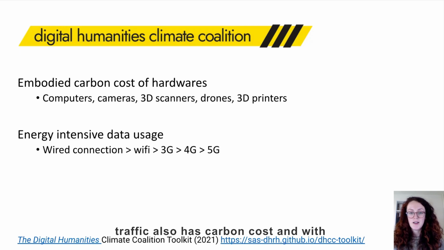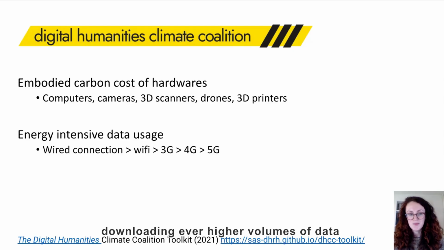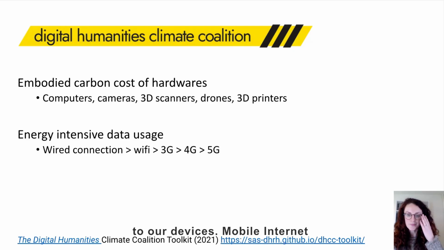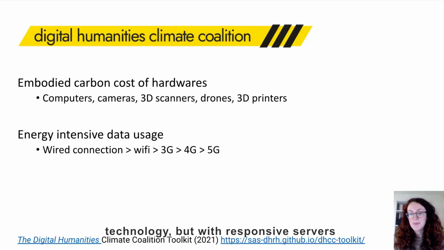Data traffic also has a carbon cost. And with the advent of faster speeds with technologies such as mobile 5G, we are downloading ever higher volumes of data to our devices. Mobile internet is inherently more energy intensive technology, but with responsive servers detecting the speed of the connection to offer downloads to match, a computer connected to a wired connection will be offered the highest quality data.